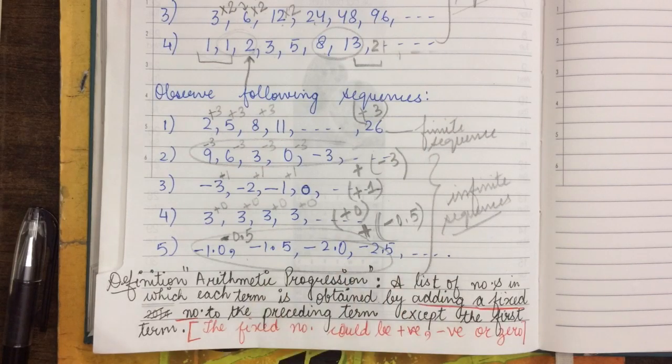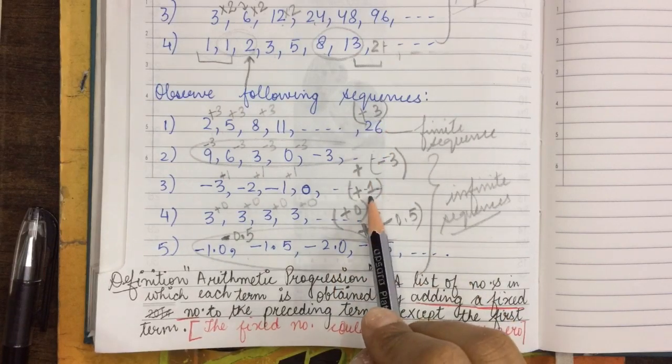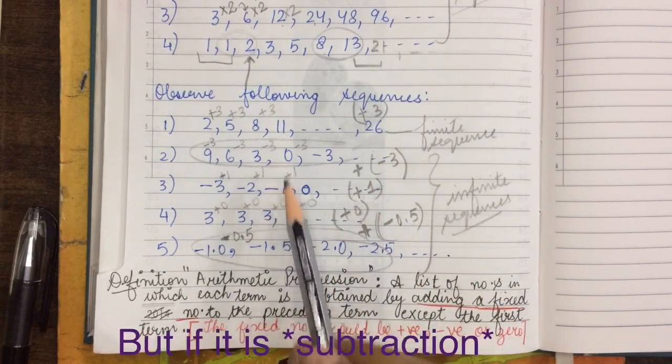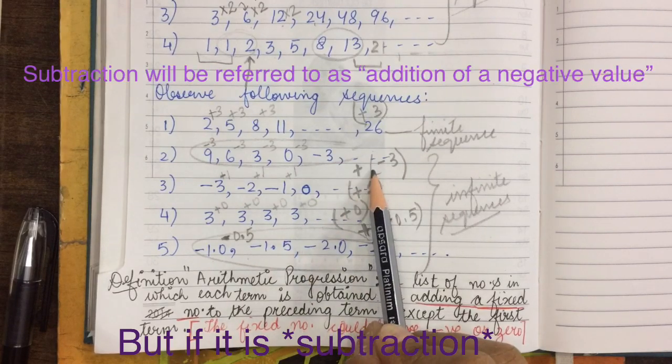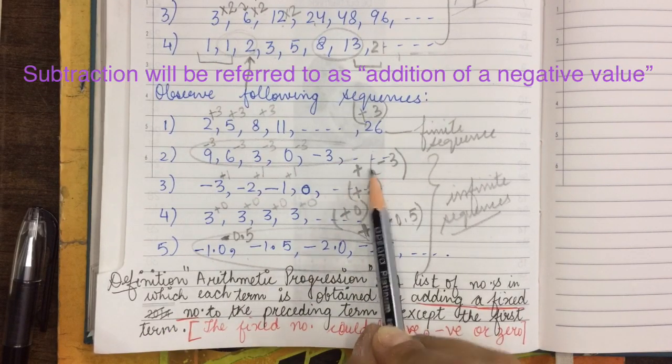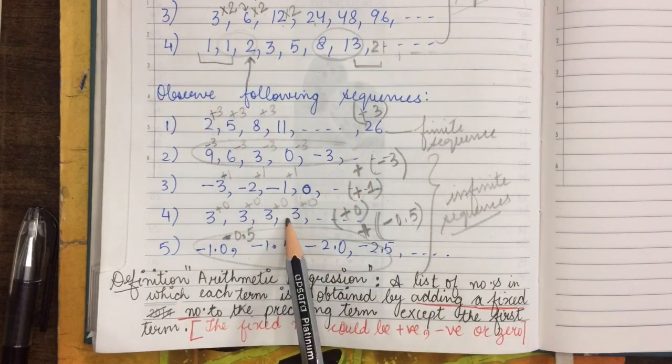Going over the examples again, we have a few sequences in which the terms are obtained by adding or subtracting something. If it's addition of a positive number, it's fine. But if it's addition of a negative number, we will refer to it as addition of a negative value. And then there is this sequence where nothing is being added, so we will refer to it as addition of 0.